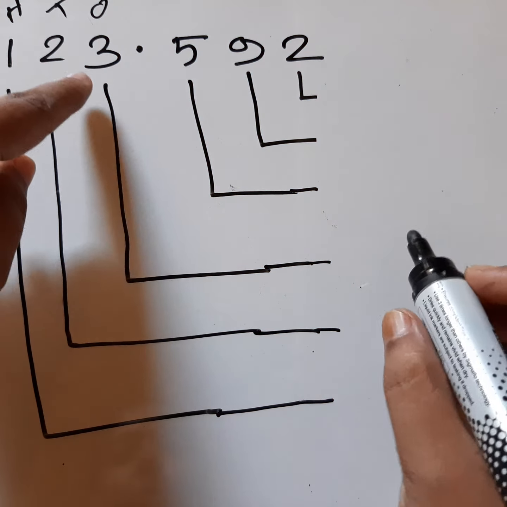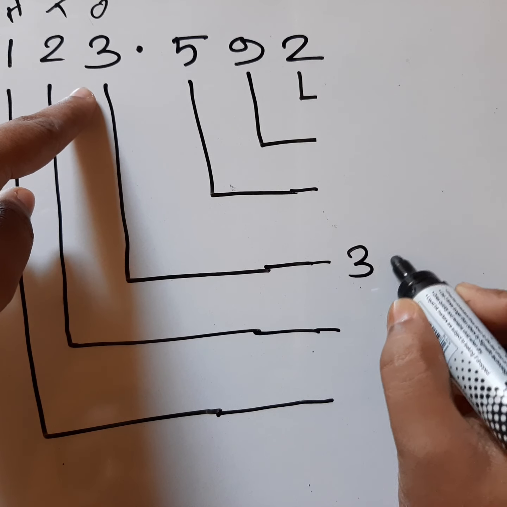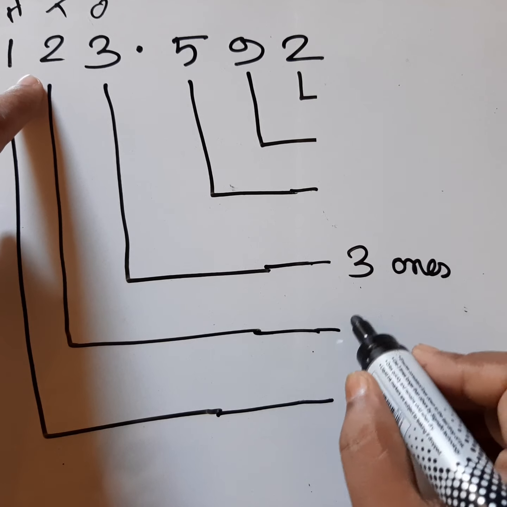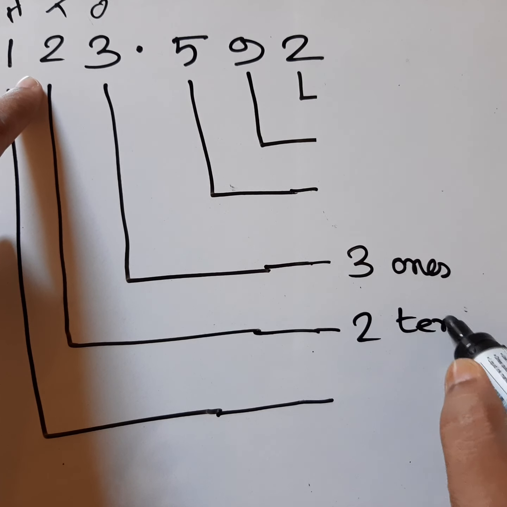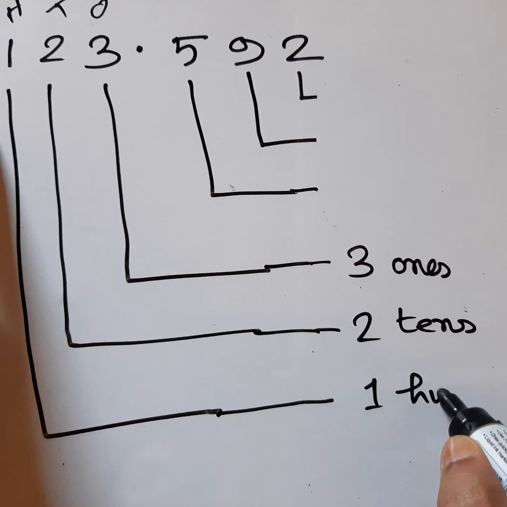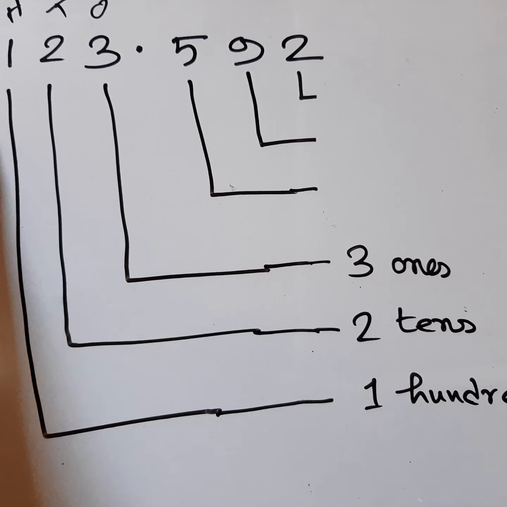This is how we do it. So this one will be 3 ones, then 2 tens, right? Then 1 hundred. Okay, this is how we do the place value for whole numbers.